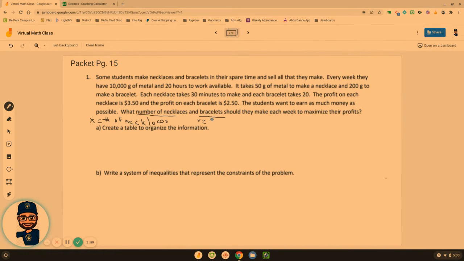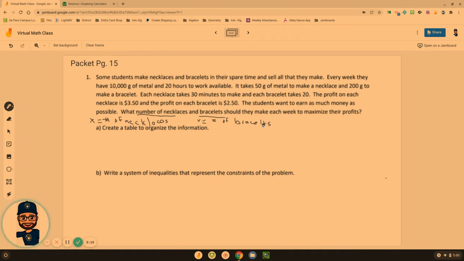It's important to understand which variable represents which item we're looking for, so that as we graph and interpret our graphs, we'll understand which variable is representing which item. So number of bracelets, number of necklaces.